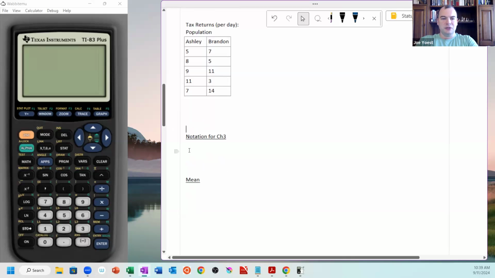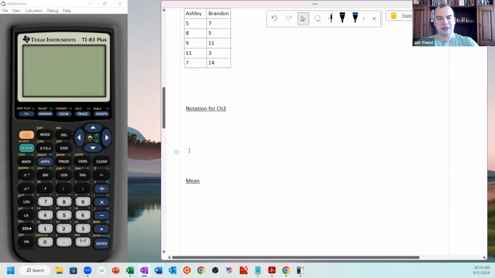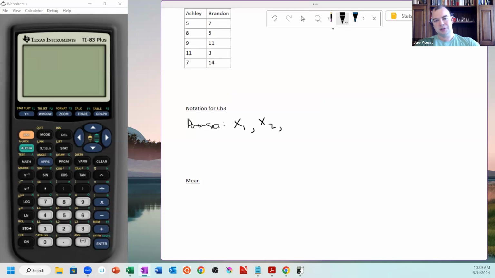All right. So a little bit of notation for chapter 3 and really for the rest of the course. We're going to suppose we have a data set and we have data points x1, x2, x3, and so on through xn. So here we have some variable that we're interested in, maybe like heights of people in Pittsburgh. We're going to think of x as representing that variable. And then we're going to think of our data set as consisting of data points.